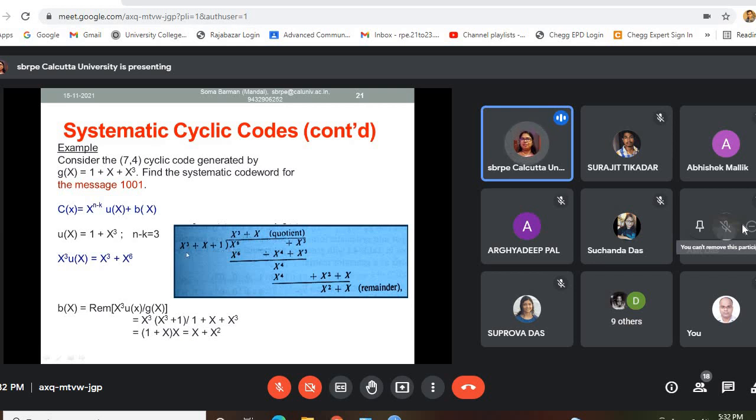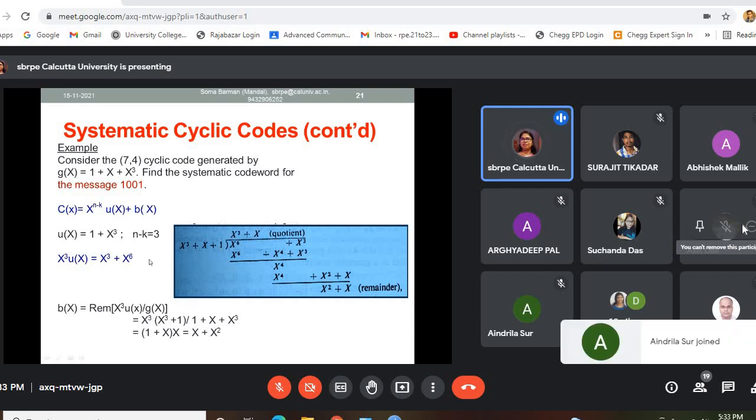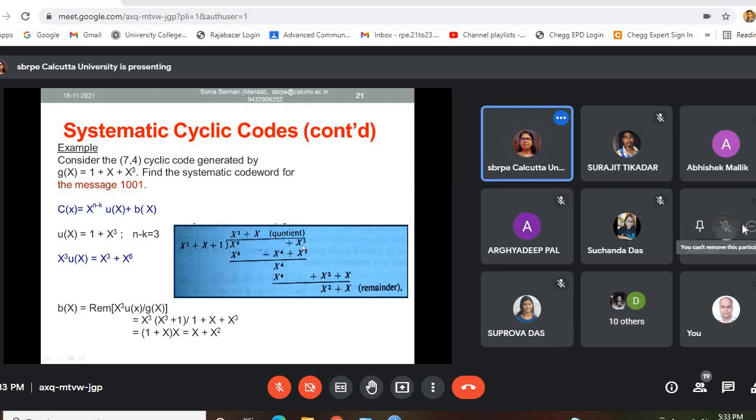So you are dividing by x cube plus x plus 1, and here is x6 and x cube. So first the quotient is x to the power 3. So x6, then x4 plus x cube. Okay, so what are you getting?